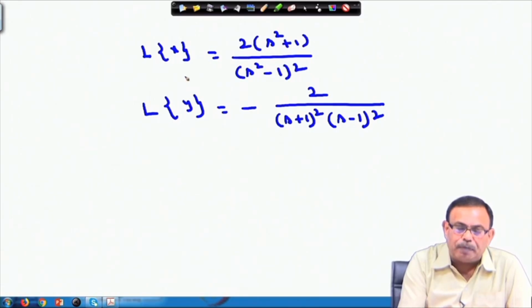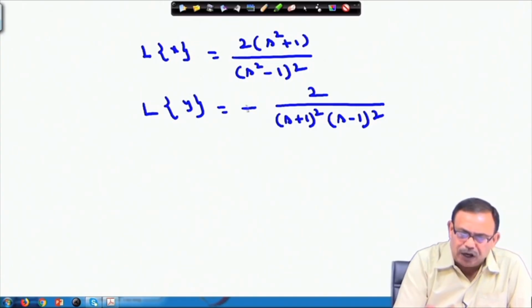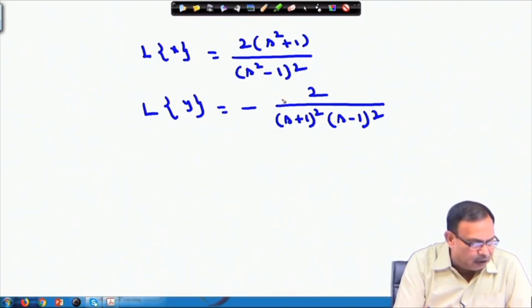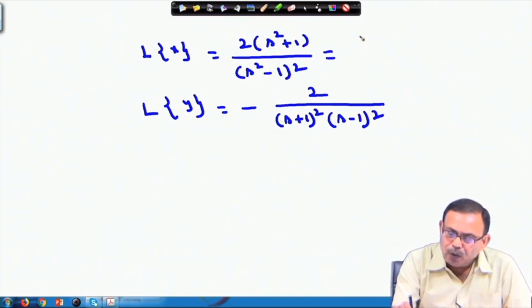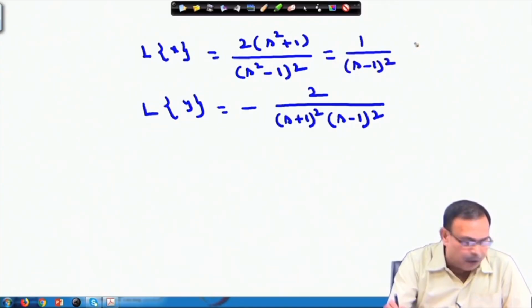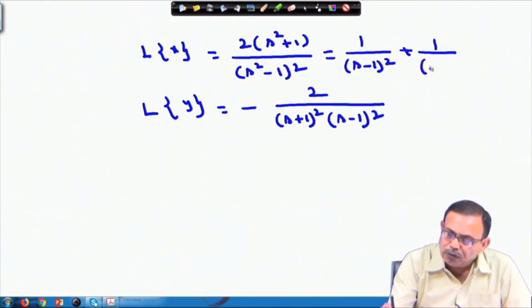So, once I have Laplace transform of x in terms of s and Laplace transform of y in terms of s, I can find the values of x and y using the inverse Laplace transform. The Laplace transform of x is 2 into s square plus 1 by s square minus 1 whole square, and this I can break as 1 by s minus 1 whole square plus 1 by s plus 1 whole square.